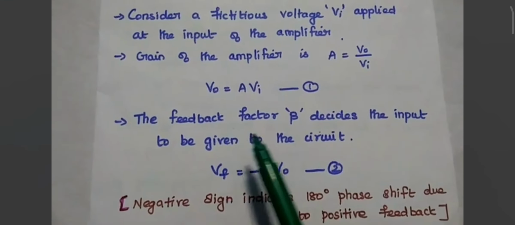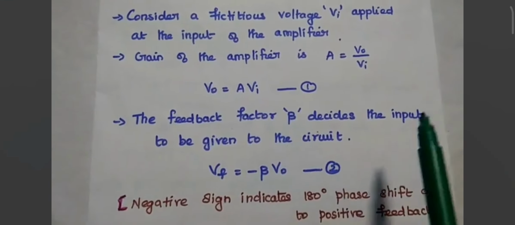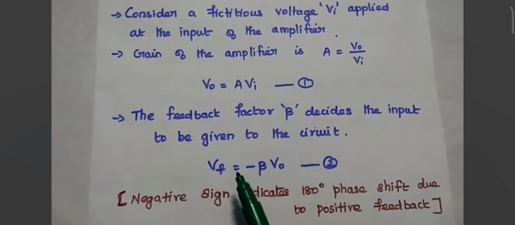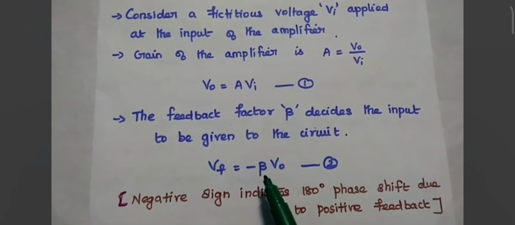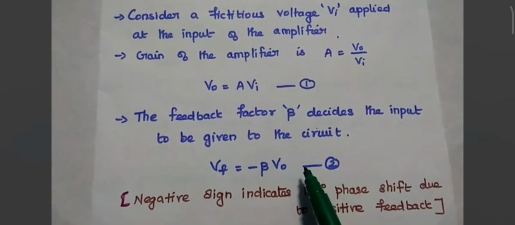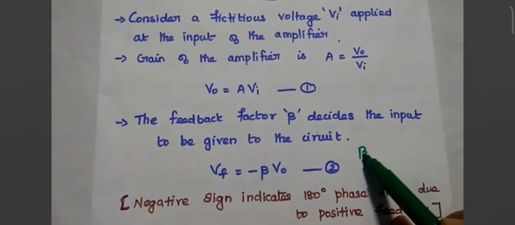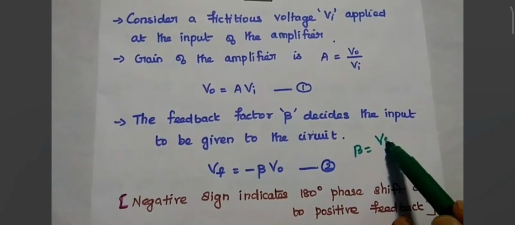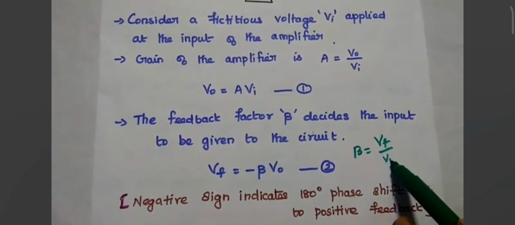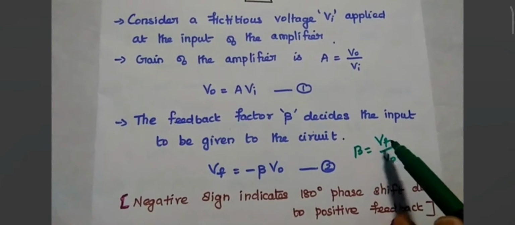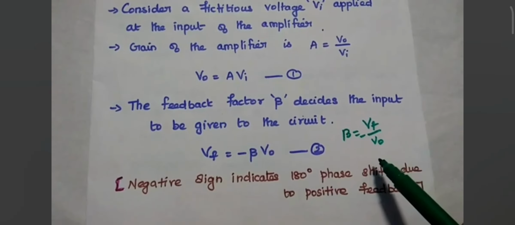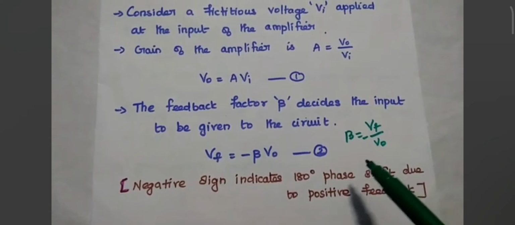The feedback factor beta decides the input to be given to the amplifier. So here Vf is equal to minus beta into Vo. As we know, beta, the gain of the feedback network, is equal to output by input. Here input is Vo, output is Vf. This minus sign indicates there is a 180 degree phase shift due to positive feedback.